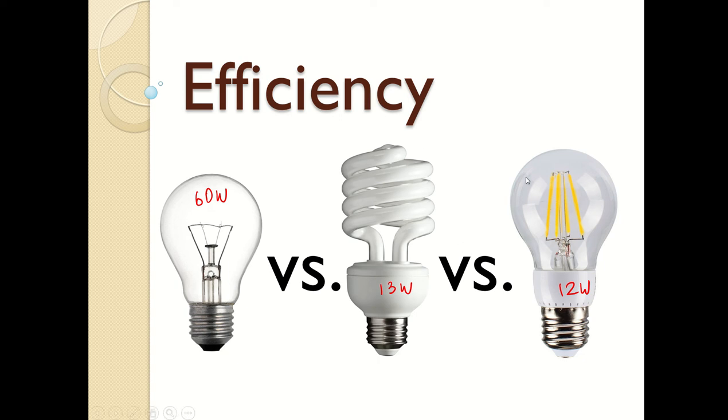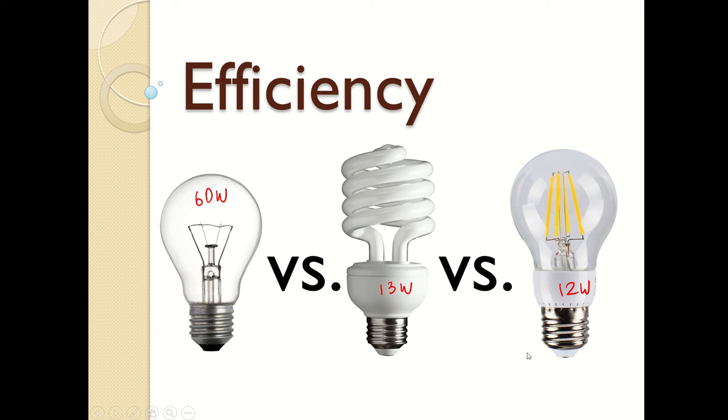The efficiency between the last two is fairly similar, although some might be more efficient than the fluorescent light bulbs. But I think the advantage of the LEDs is that they're supposed to be much more long lasting, so they have a much longer lifespan. That's why if you go to stores today, you're definitely not going to find any incandescent light bulbs anymore. You're going to find either fluorescent or LED light bulbs.